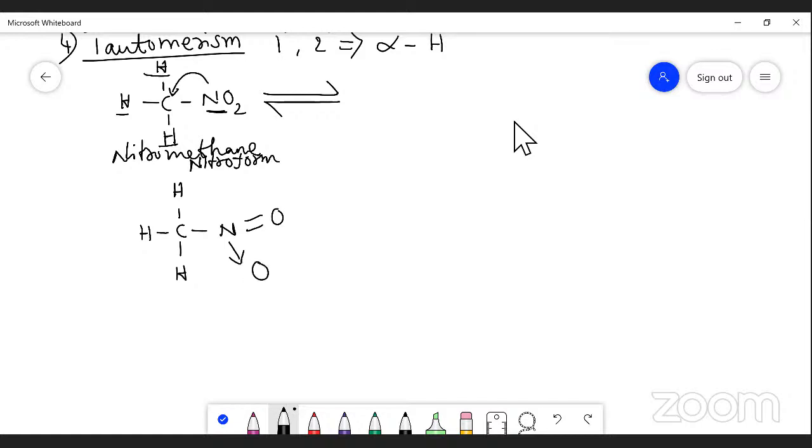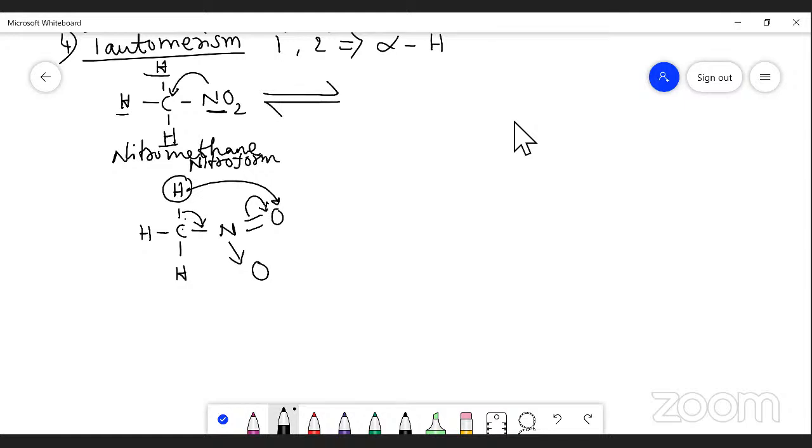This is nitromethane. Now I am going to shift the hydrogen from this carbon to the oxygen. Shift the bond here and shift the double bond towards the oxygen.